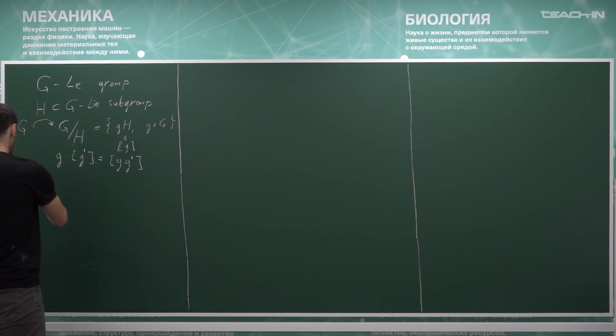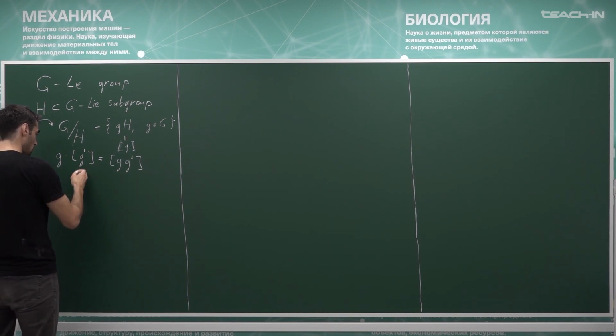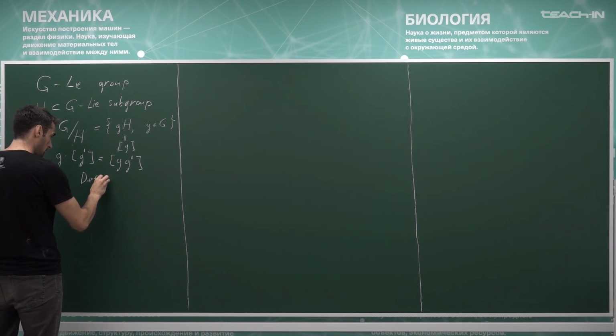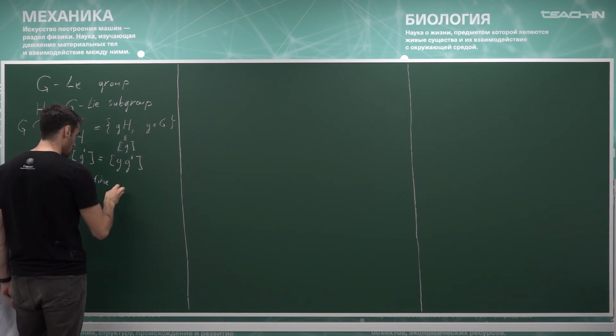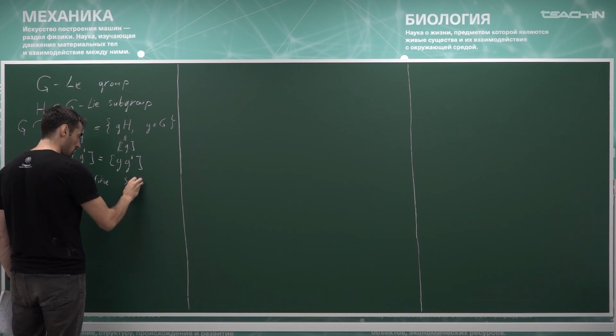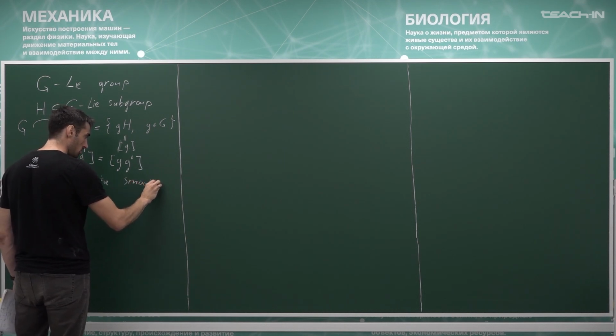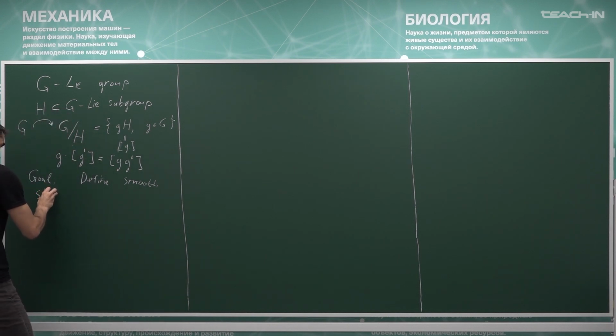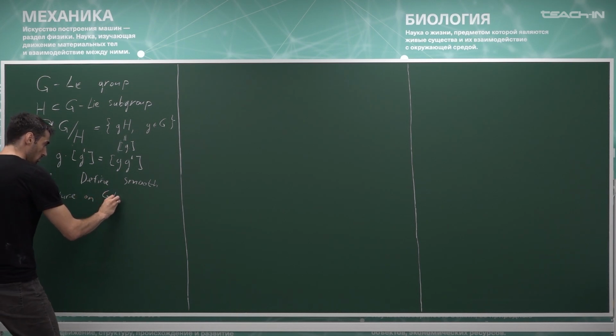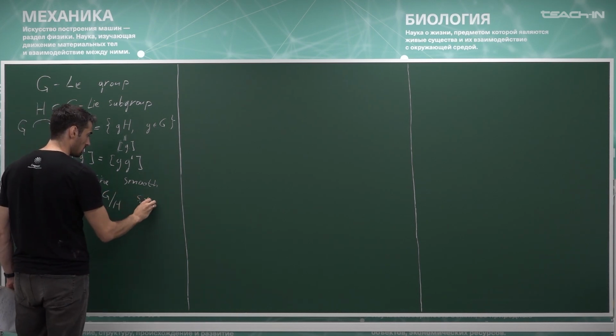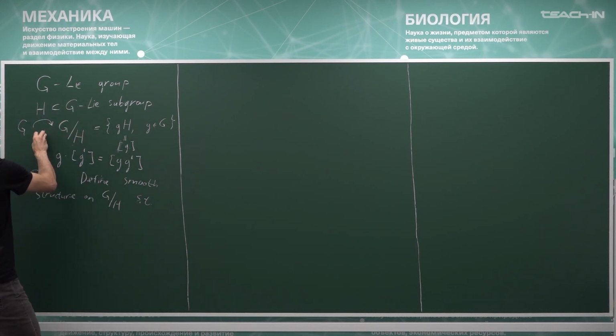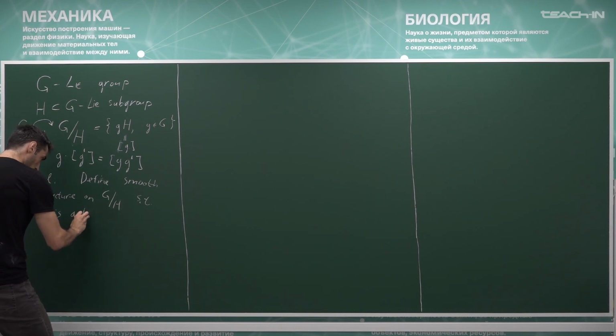And the goal for today, one of the goals, is to construct, or define, a smooth structure on G quotient by H such that this action alpha is a Lie group action.